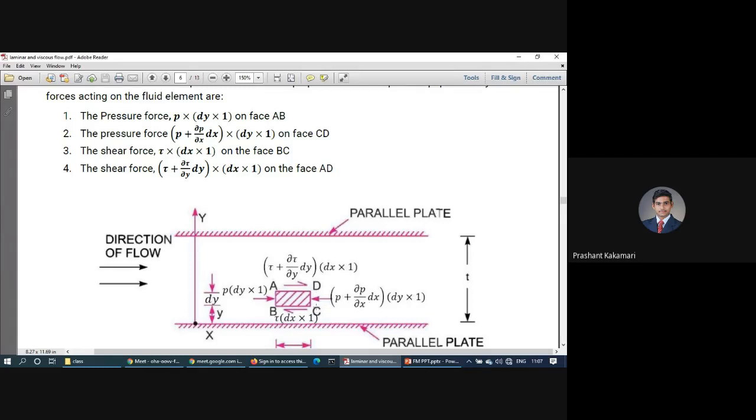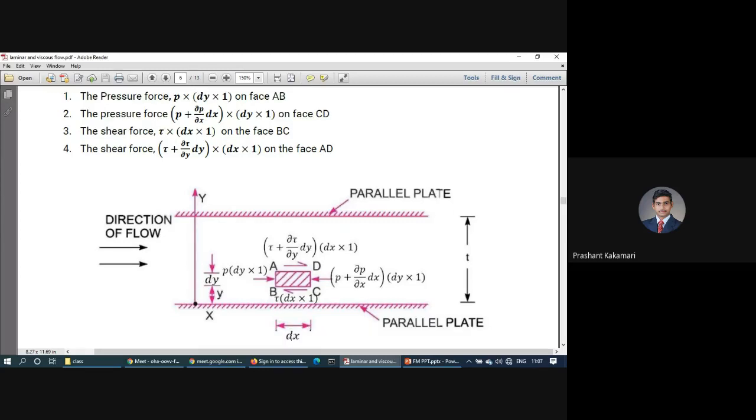On the other side, how is this pressure increasing? It increases depending upon the length of the flow, which they have taken as dx. In both derivations dx is the same. The length of the flow, this arrow mark dx, remains the same in both derivations.